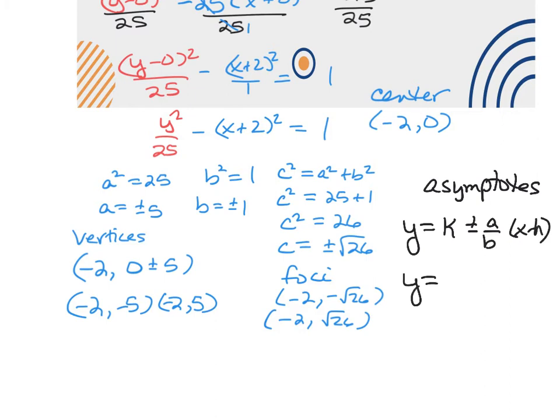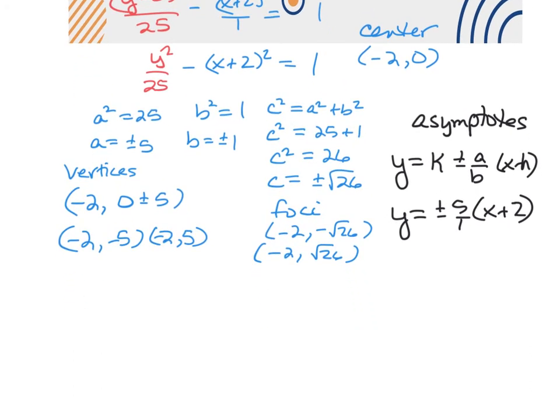So the equation here is going to be plus or minus 5/1 x plus 2. That is the equation for the asymptote. But again, remember, all we need to pay attention to is the slope here. So we'll rise 5 and run 1 from the center point of -2, 0.